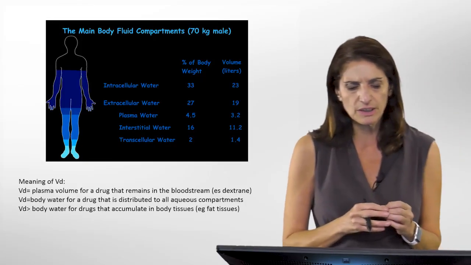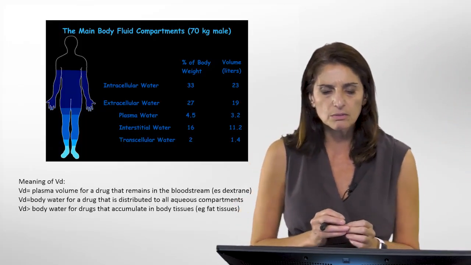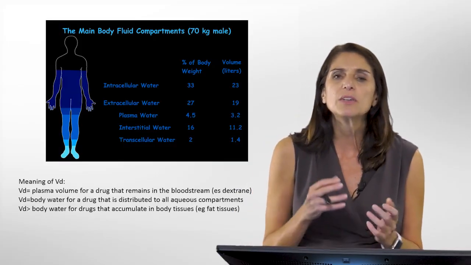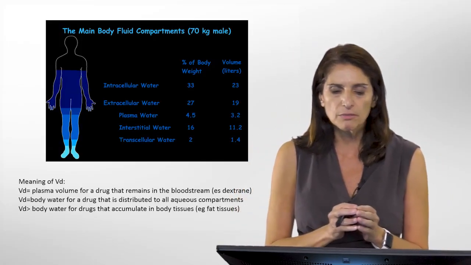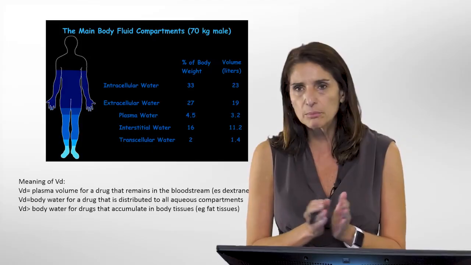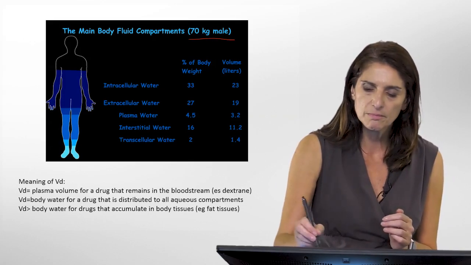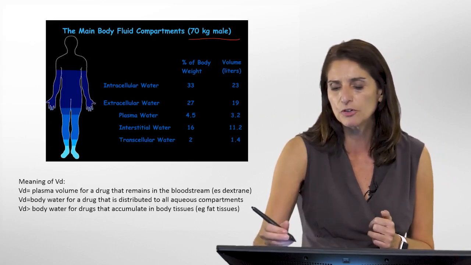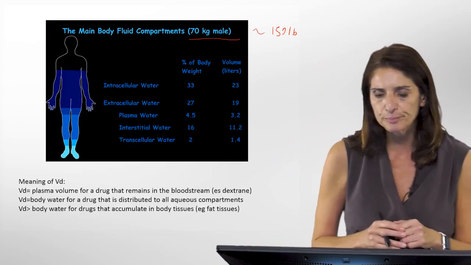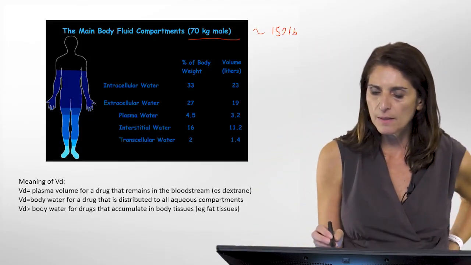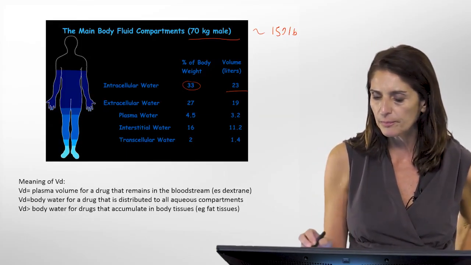So what's the meaning of VD? And I know this is a little bit tricky to conceptualize, but it's related to the fact that a drug will be found mainly in the body fluids. And so in a typical and standard person weighing 70 kilos, which is about 150 pounds, give or take, we have that 33% of the body weight, so in other words, 23 liters in this case, will be water.